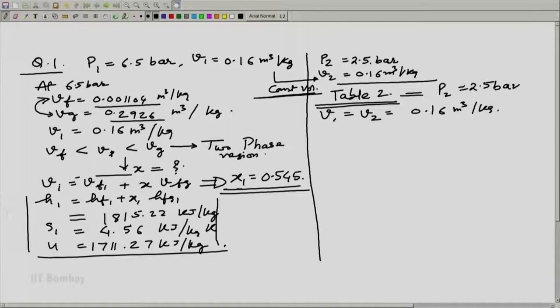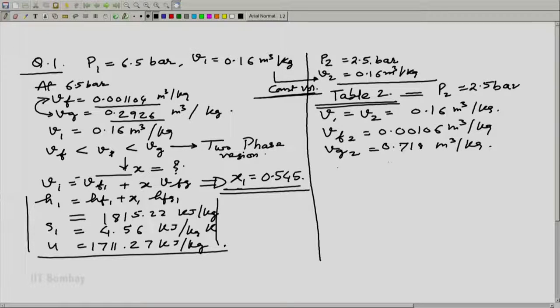At P2 equal to 2.5 bar, I will get Vf2 equal to 0.00106 meter cube per kg, and Vg2 equal to 0.718 meter cube per kg. So again we know that Vf2 is less than V2 is less than Vg2, which means that this is also going to be a two phase region.